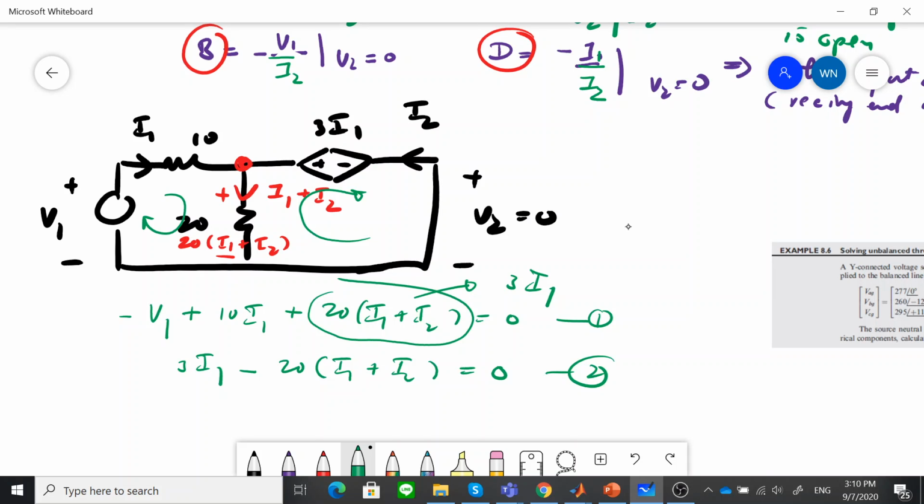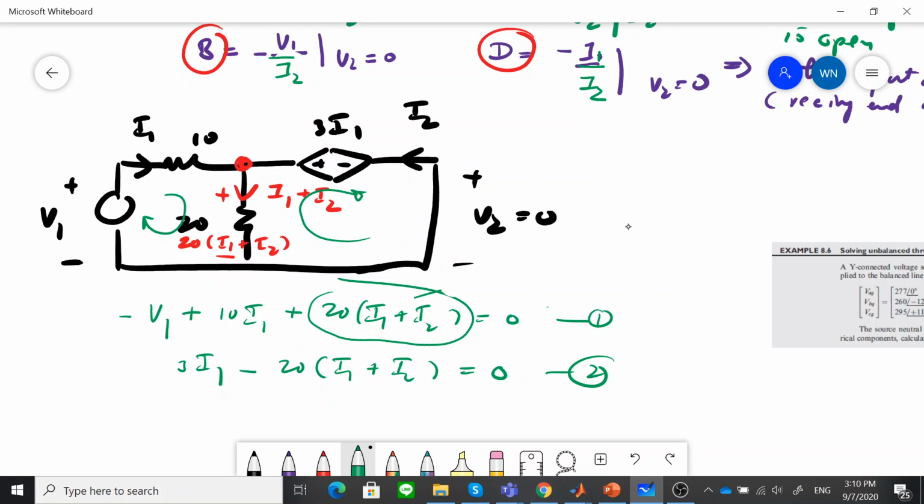If you put something like this, you don't have the relationship, because you want to map the ratio between V1 and I2, so this cannot be replaced by 3 times I1.